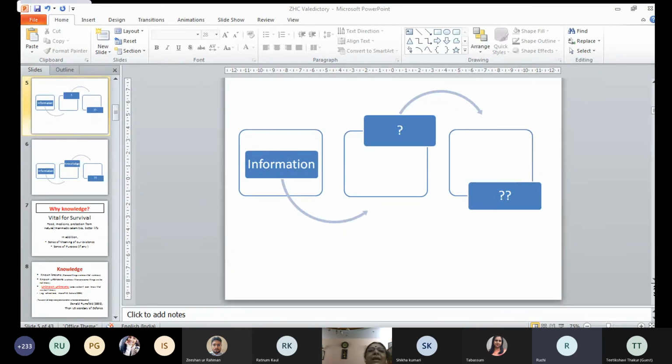And this is where bioinformatics comes into the picture, because nowadays we are in the big biological data era. There is too much data, which is the precursor of information, which becomes the precursor of knowledge.